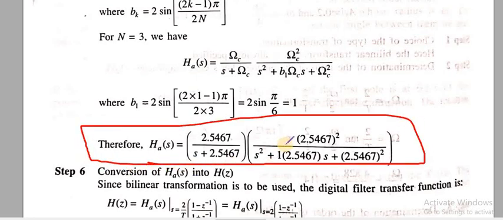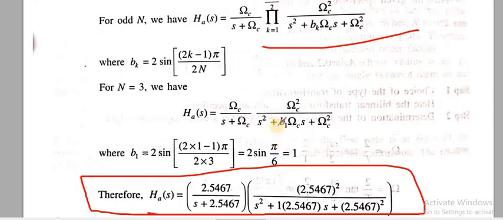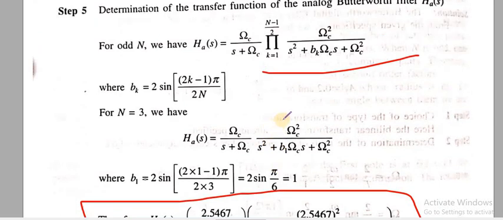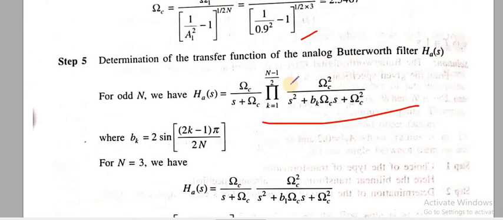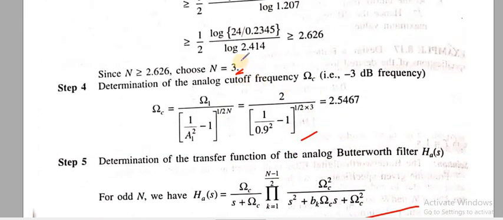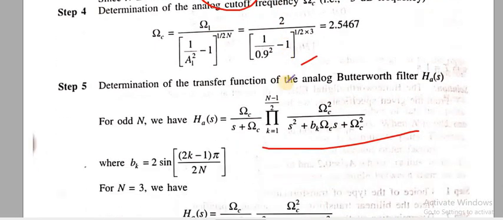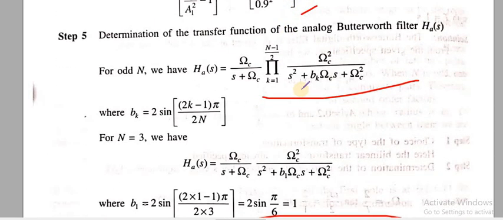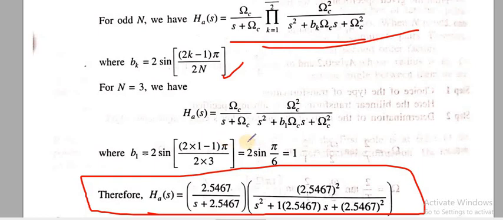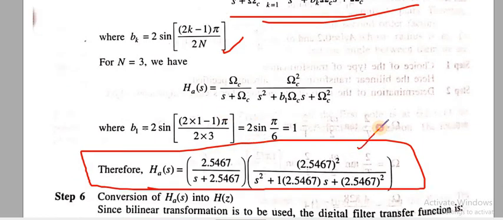In this discussion there are lots of step jumps. Please do it on your own, step by step. After calculating the order, we apply the formula, if N is even or N is odd, then this is the function and the corresponding BK value is this. Finally, this is your HA of S, your analog transfer function.